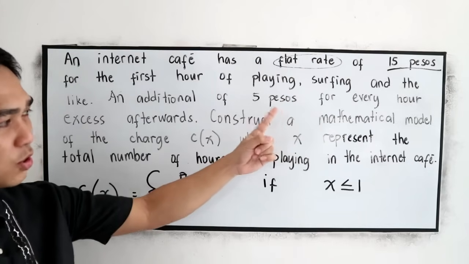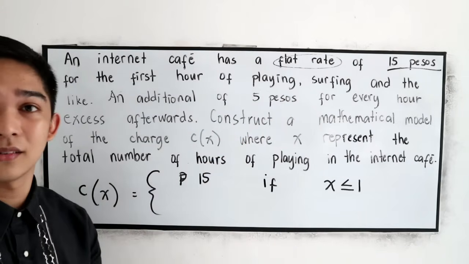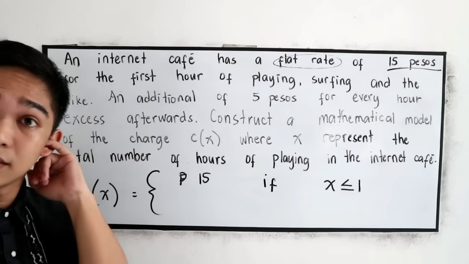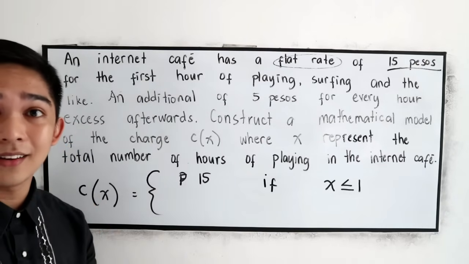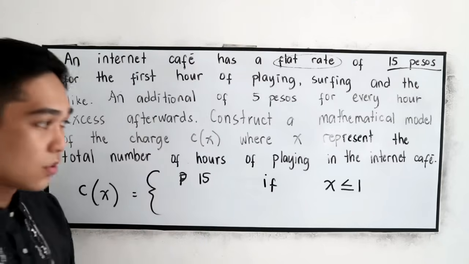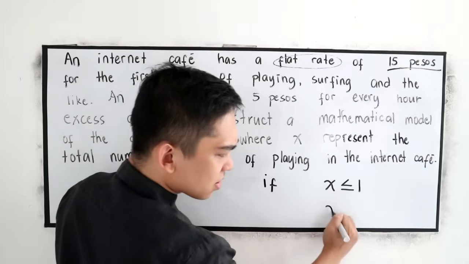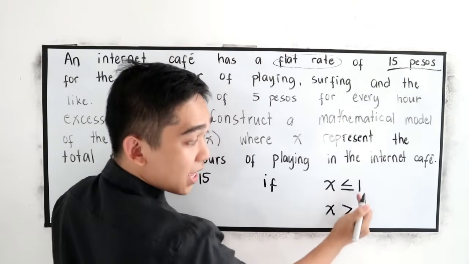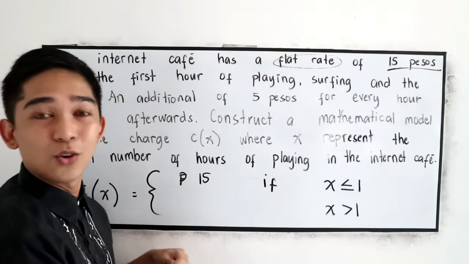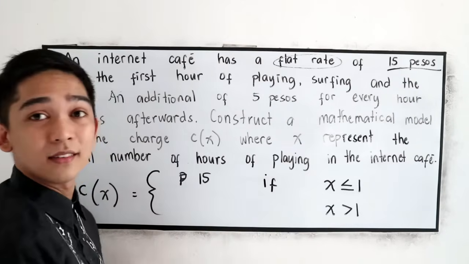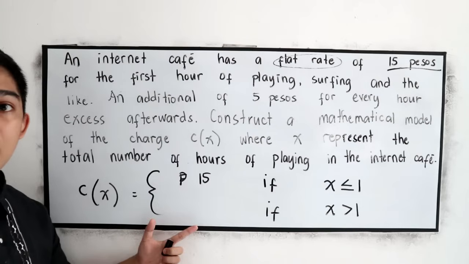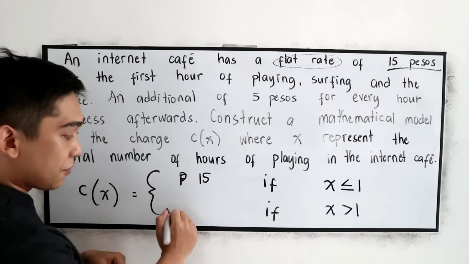Kapag daw, sumobra siya ng isang oras, 2 oras, 3 oras, ano yung magiging mathematical model natin? So, kapag if x is greater than 1, mas malaki daw sa 1. Ano ngayon yung model natin? So, ang fixed rate natin ay 15.